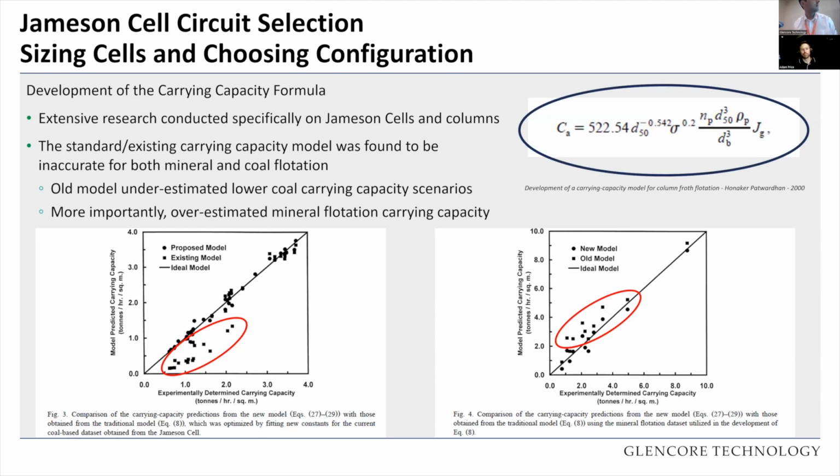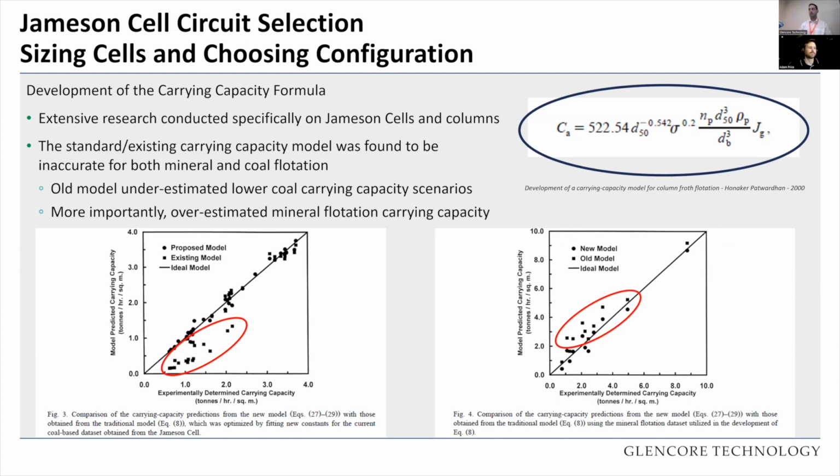I won't delve into this in too much detail, but I just wanted to highlight that the carrying capacity equation, or basically model, that we use has been developed on some pretty extensive laboratory test work.